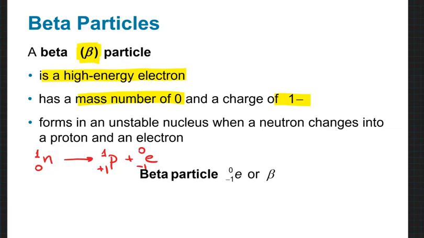If you look at the charges and the masses on both sides of the equation, you can see that there is a mass of 1 on the left, and there is a charge of 0 on both the left and the right, altogether.